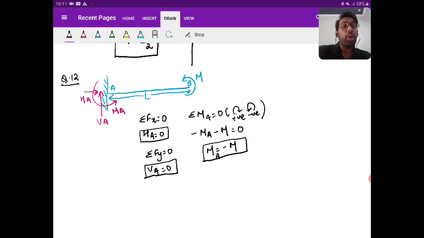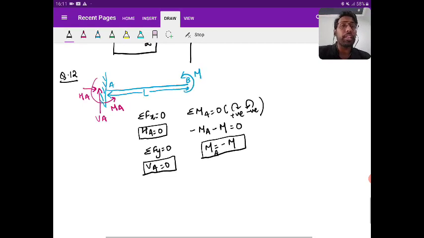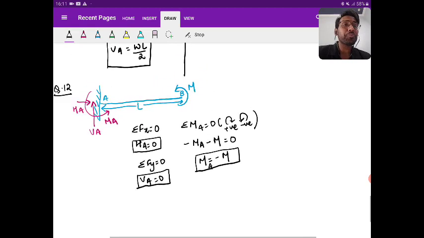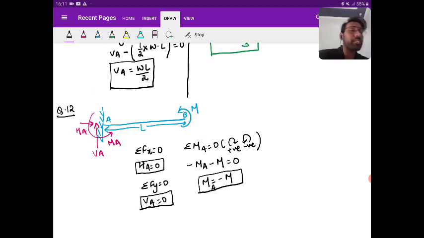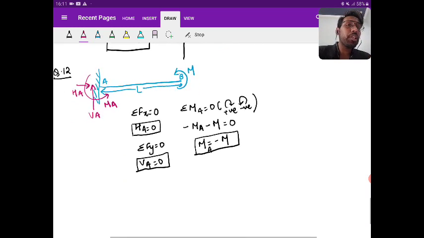That is, you assumed the direction anti-clockwise, it should be clockwise. Is it clear? So these are the support reaction questions which we solve with the very basics. We use the three equations and got the results. Now I hope everything is clear till now.